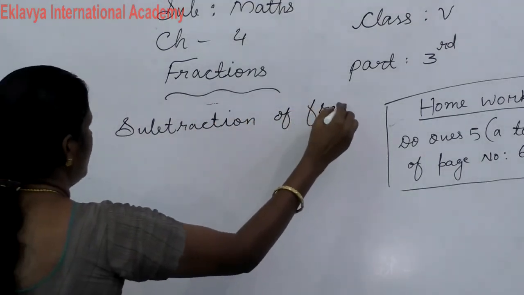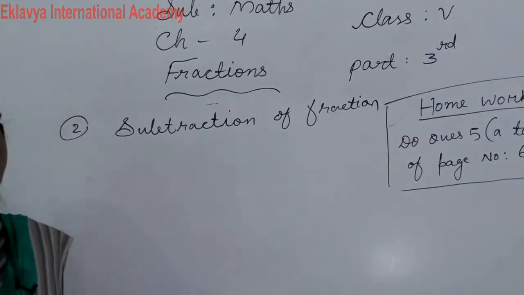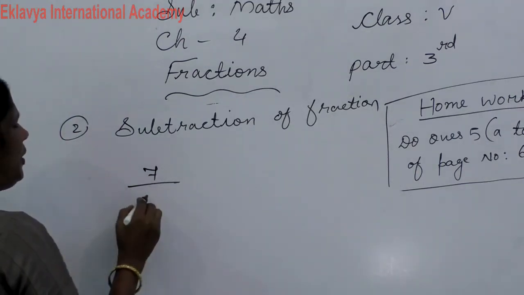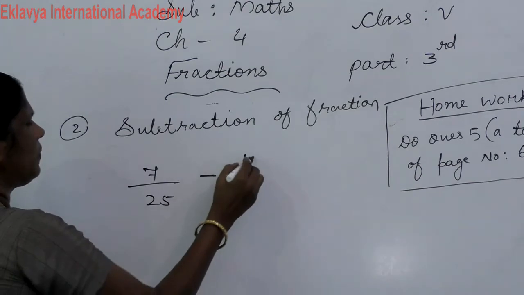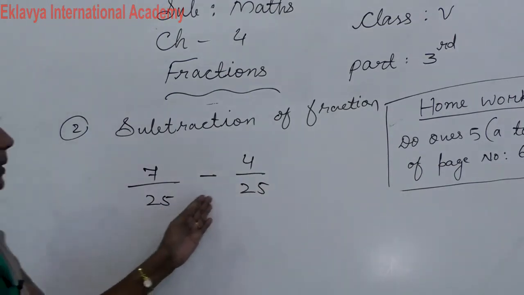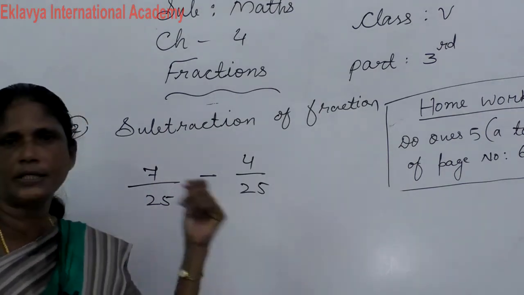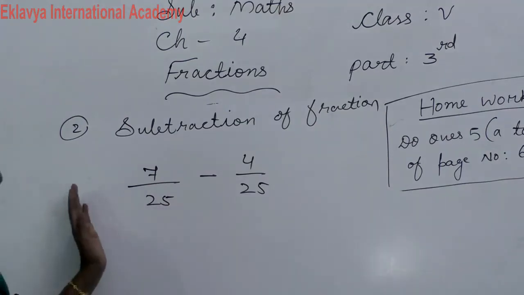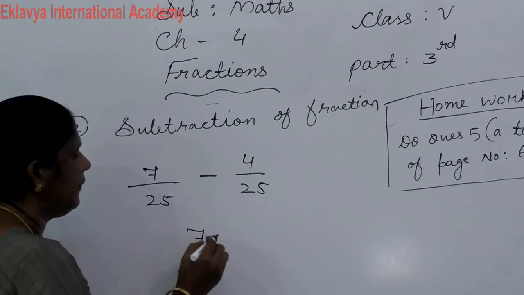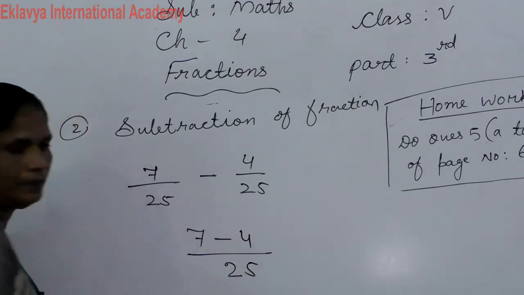Second, subtraction. Same process. Only at the end we don't add, we subtract the numbers. First, 7 upon 25 minus 4 upon 25. Here the denominators are same. We subtract directly. That is 7 minus 4 upon 25.